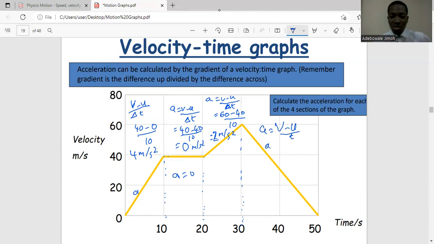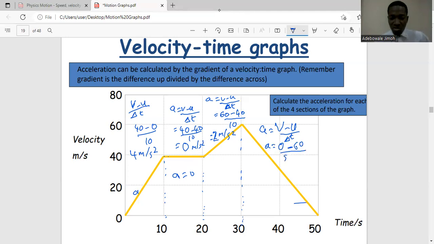Acceleration is equal to, what's our final velocity? Our final velocity is the velocity down here, which is 0. So you have 0 minus our initial velocity, the velocity in the beginning here, which is 60. Our change in time is the time change from 30 seconds to 50 seconds.